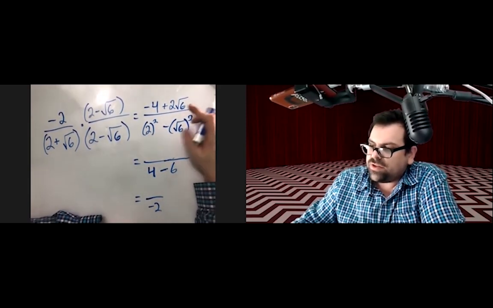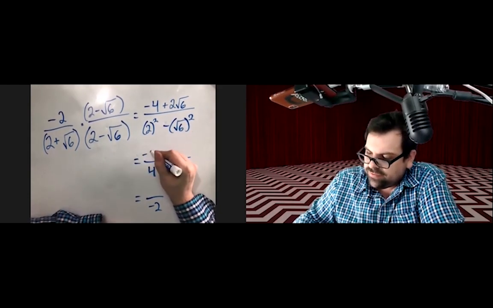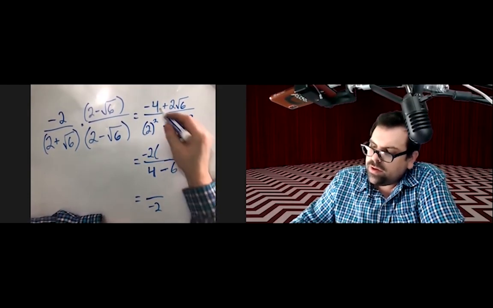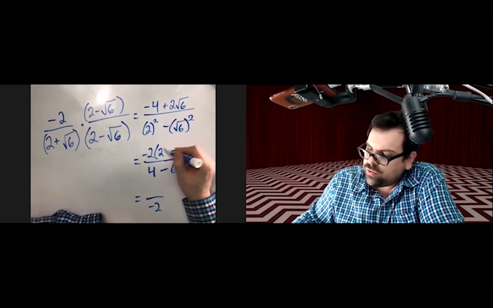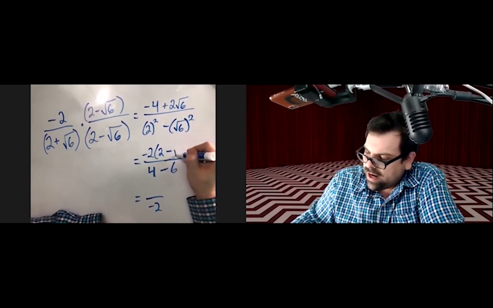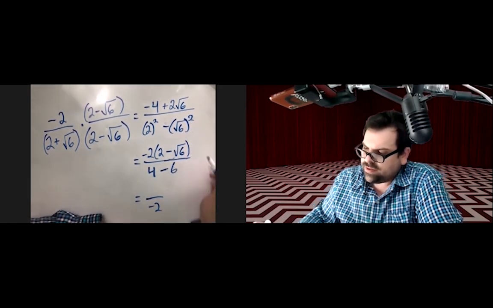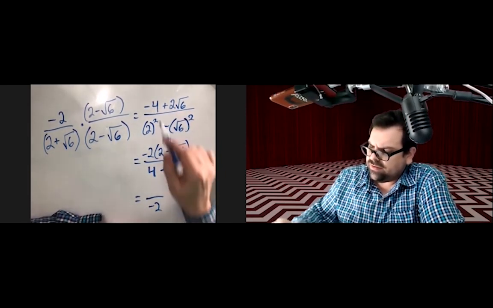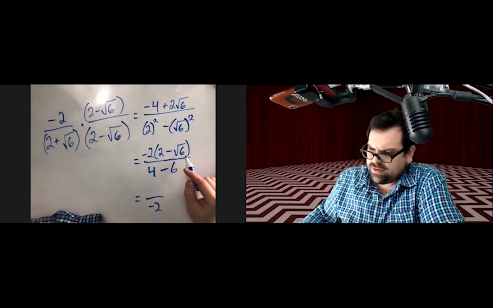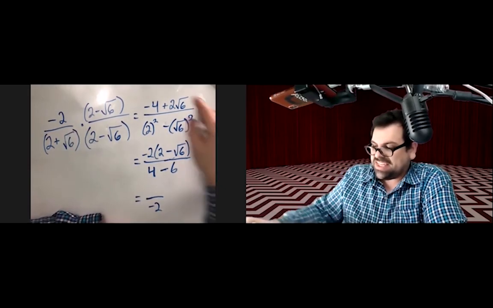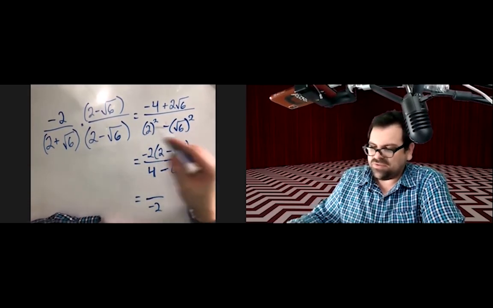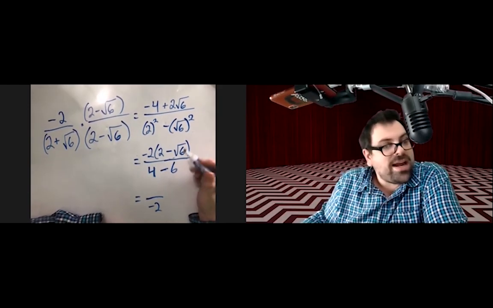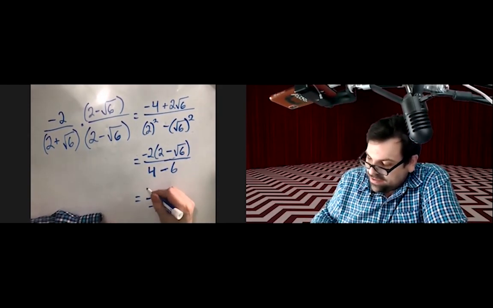We can factor a -2 out the front. That would leave us with 2 minus radical 6. Is that right? -2 times 2 is -4. -2 times... Oh, look, it's the same form. I factored it right back out. And why did I factor it right back out?